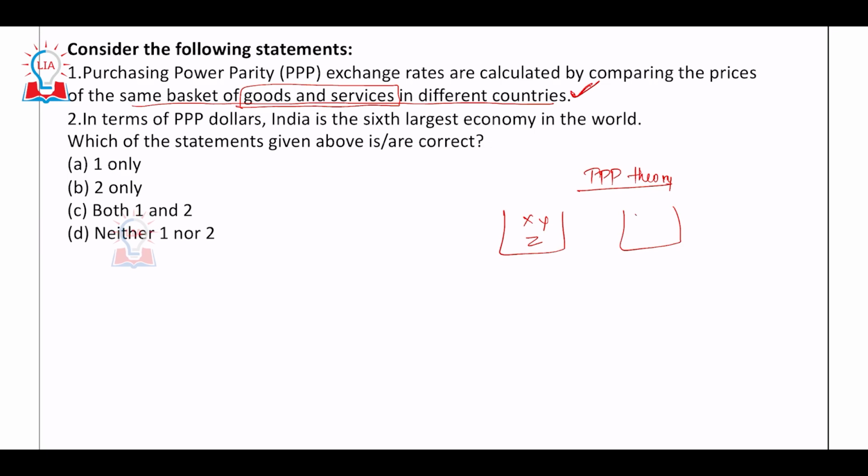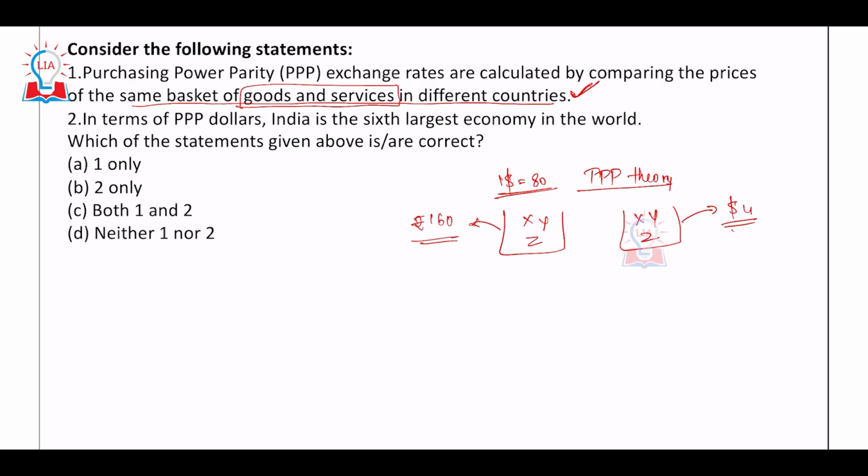So the same basket of goods and services in India, if it is costing, let's say 160 rupees, how much would it cost in the US? Let's suppose it is costing $4. Okay. So now $1 is equal to 80 rupees.